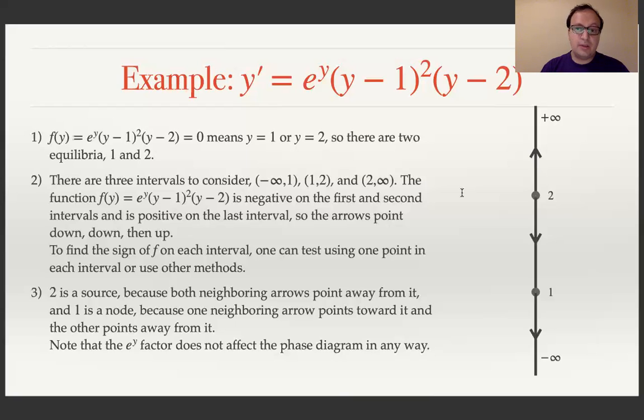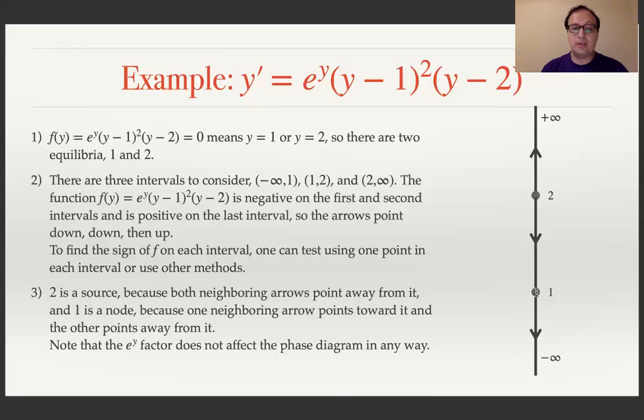The third step is the stability of the equilibria. There are two equilibria in this problem, 1 and 2, and we look at the arrows around 1 and around 2. Around 1, there are two arrows: one that points away from it, the one that goes from 1 to minus infinity, and the other that points towards it, the one that goes from 2 to 1.